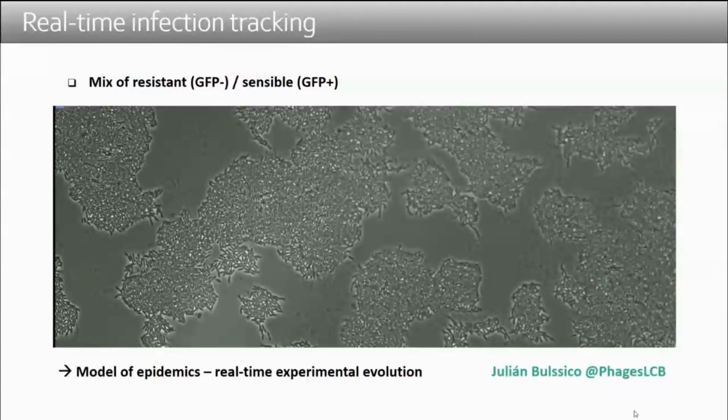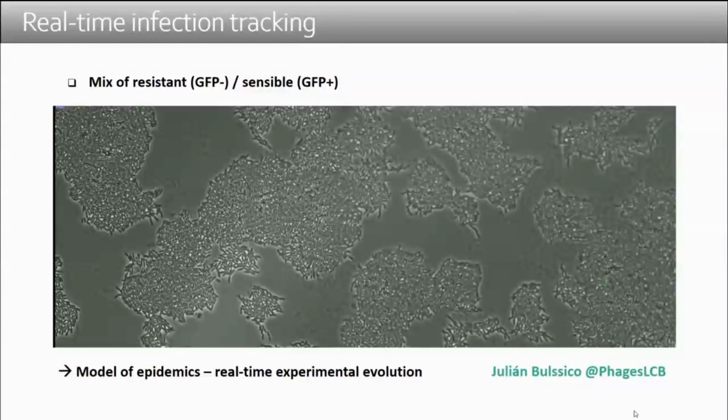spatial spreading of an epidemic. And of course, physicists are very excited about this kind of development because they can model the spatial way the epidemics develop. And it's a bit easier than doing it with humans, of course. We are currently designing a new model for the spatial spreading of these epidemics in mixed culture with resistant and sensitive bacteria.